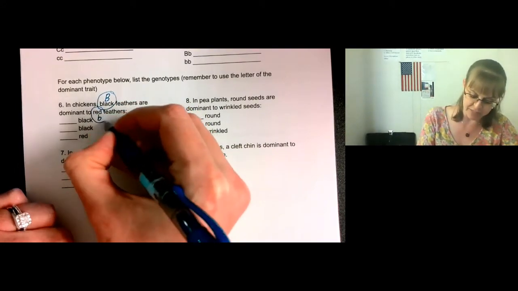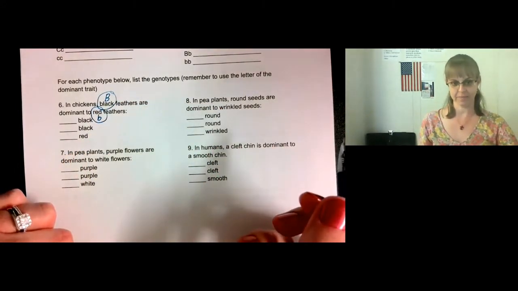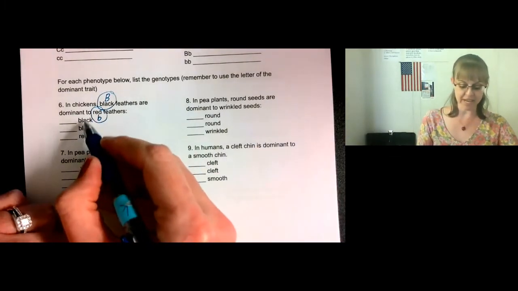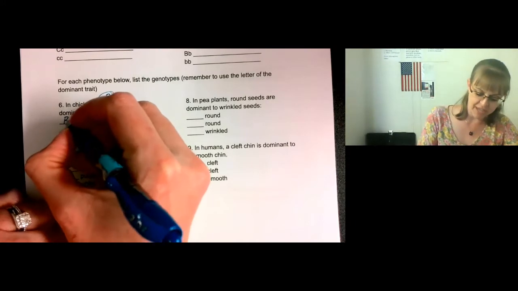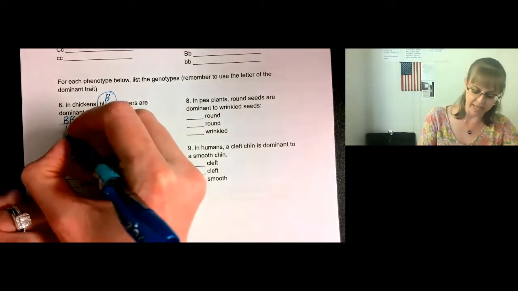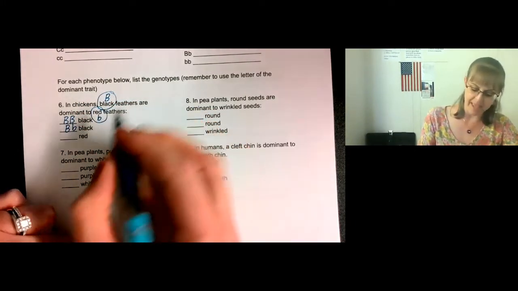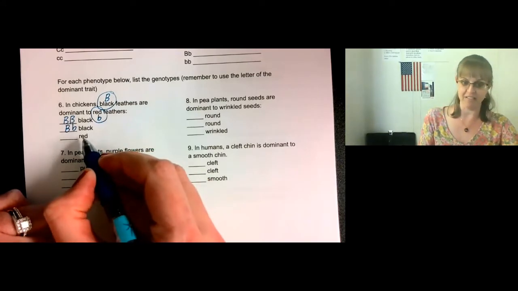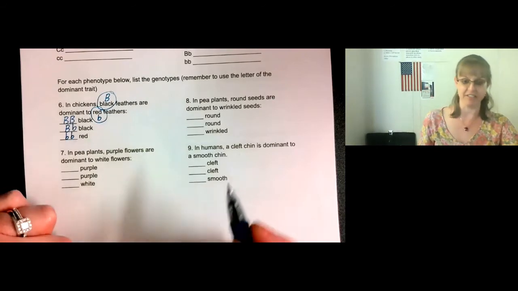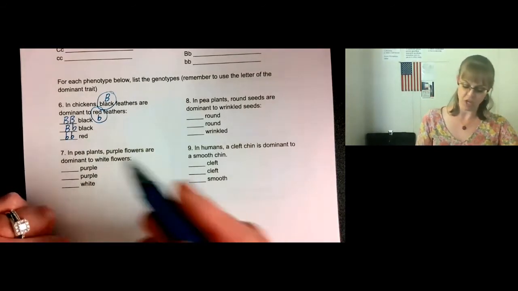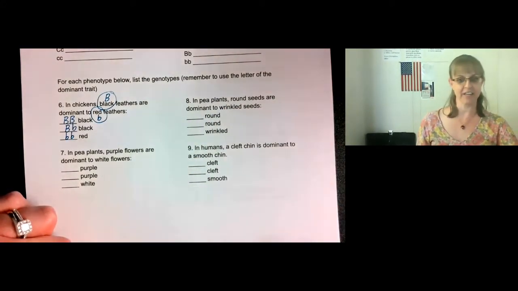So a lowercase b represents red. There are two combinations that will result in black feathers, both capital, one capital and one lower, and finally, if you're going to have a red feather, they must both be the recessive trait. You try 7, 8, and 9.